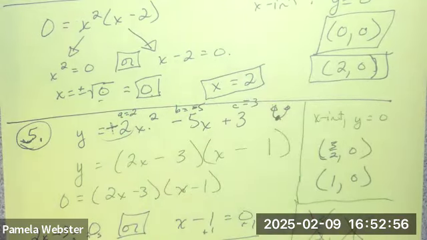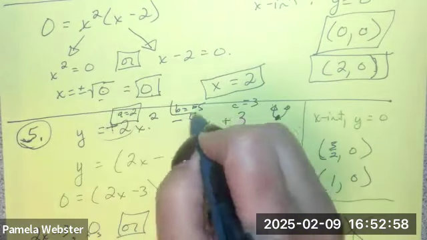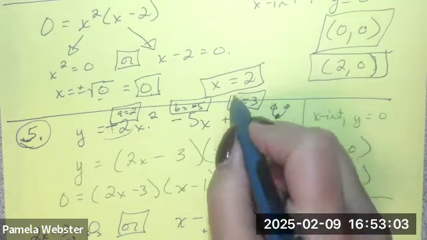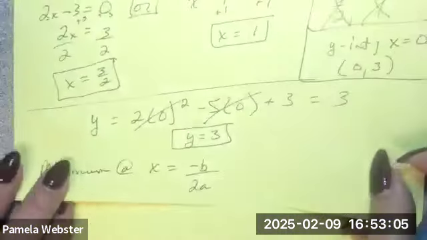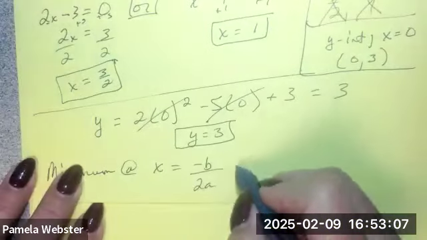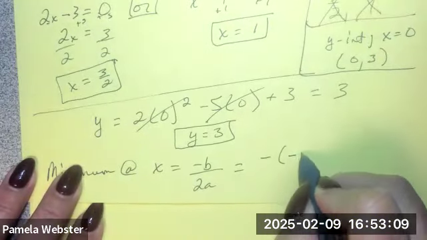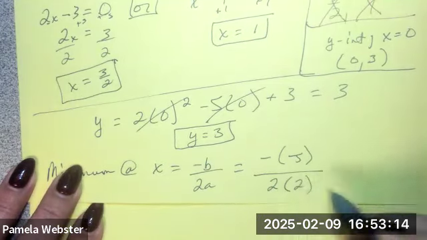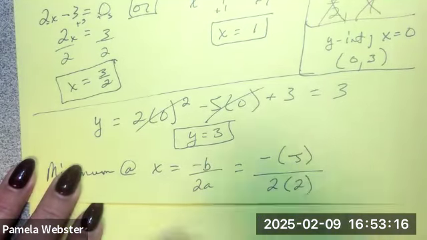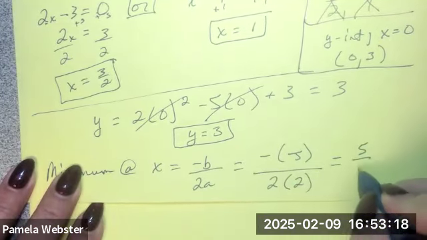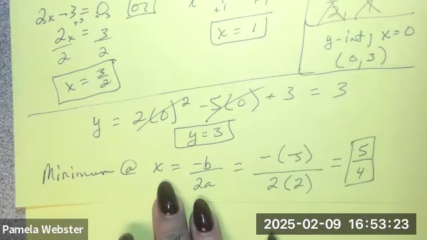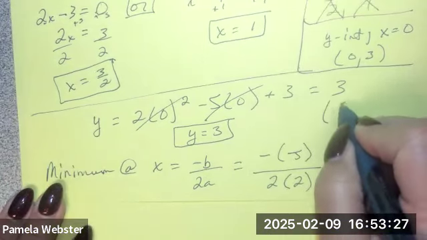So when I go to do negative b over 2a, there's a negative in the formula, and the b is a negative 5. 2 times the a is 2. A negative and a negative is a positive. 2 times 2 is 4. We've got a minimum at x equals 5/4.